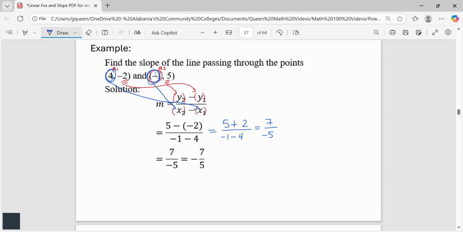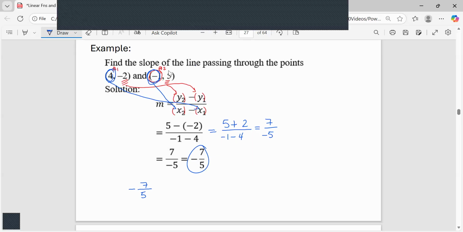Now, keep in mind, the slope is negative. That means it'll be a downhill line if we were to draw it. Negative numbers can be written in different ways. All right, so I could put the negative sign right in line with the fraction bar. That is what they did right here. -7/5, that's how we would read that number. I could put the negative sign up on top with the 7, and I would read this number as -7/5.